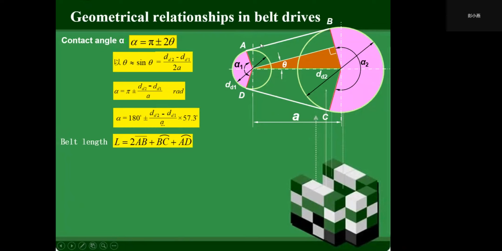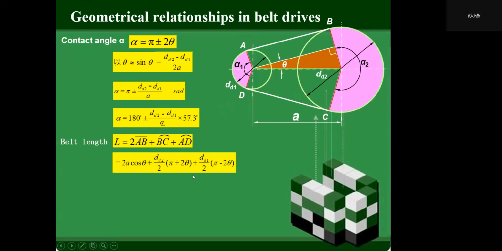And the length of AB is equal to the length of CD. So the total belt length L is 2 times the length of AB plus the length of arc BC and plus the length of arc AD.